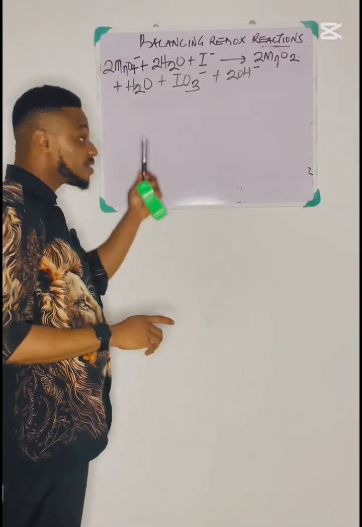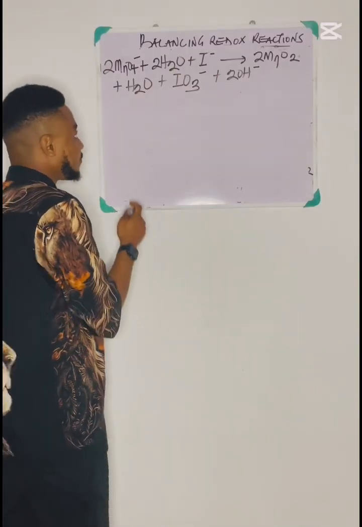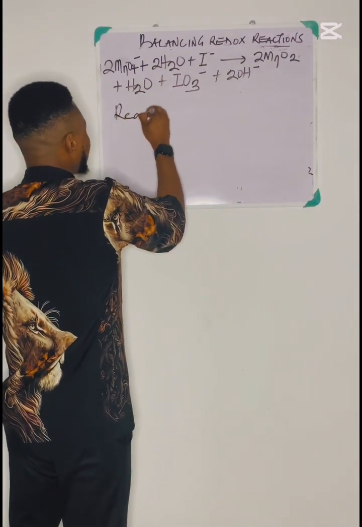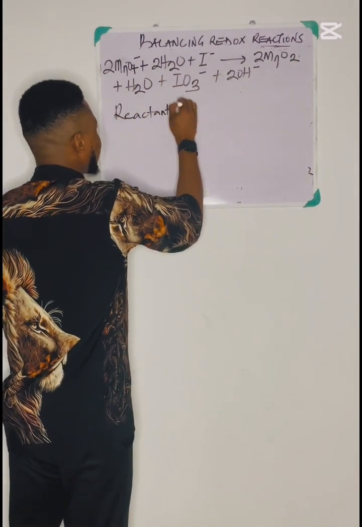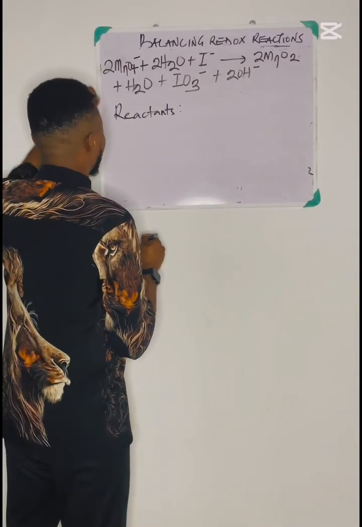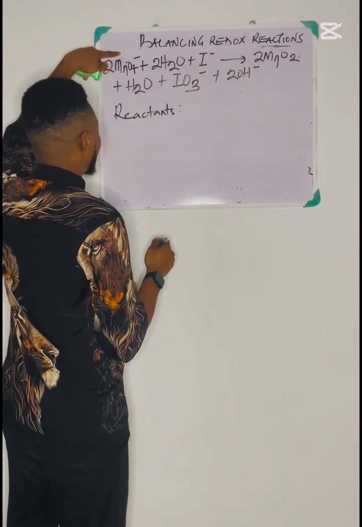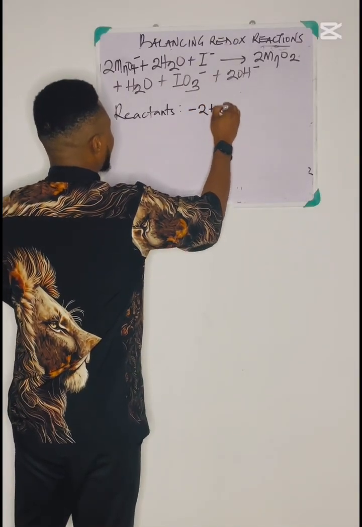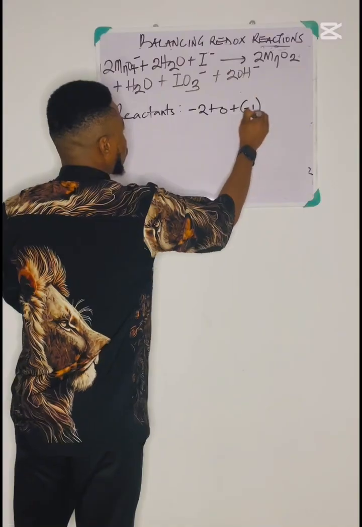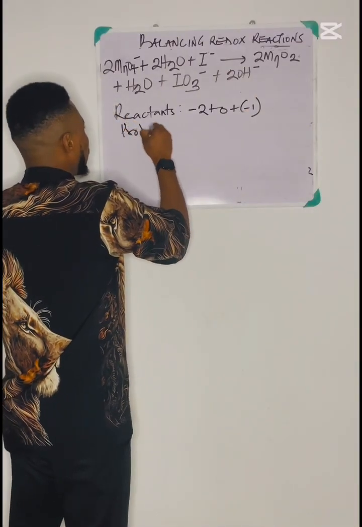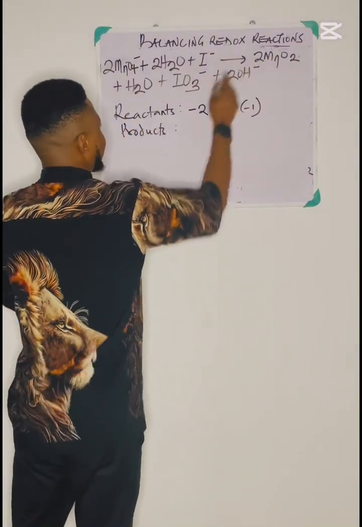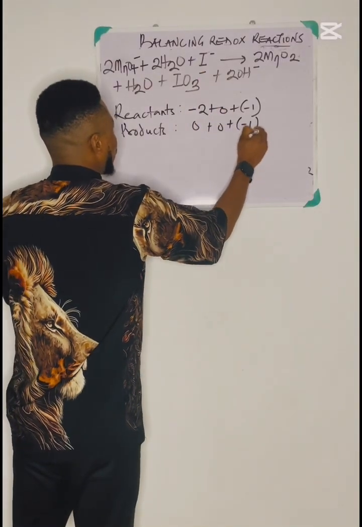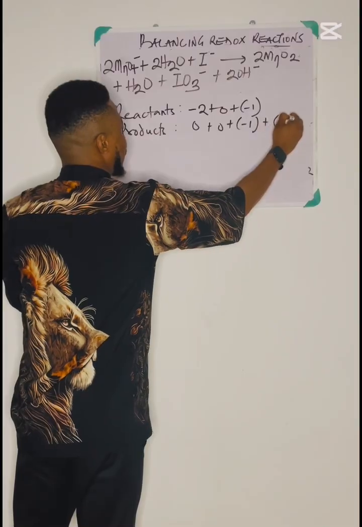The next thing is to check if the charges are balanced. So let us check if the charges are balanced. All right. So we can divide them like this. You can see reactants. So reactants here, we have on this side, -2 plus 0, then plus -1. While products, here we have 0 plus 0, then plus -1, then plus -2.